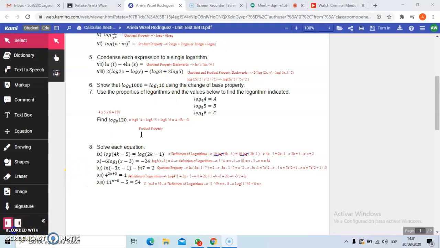For number 5, I used the quotient property, but now it's the other way around. So I have to condense the expressions.